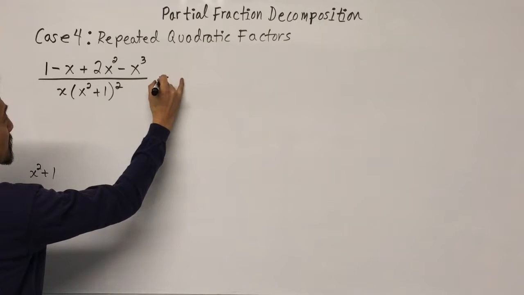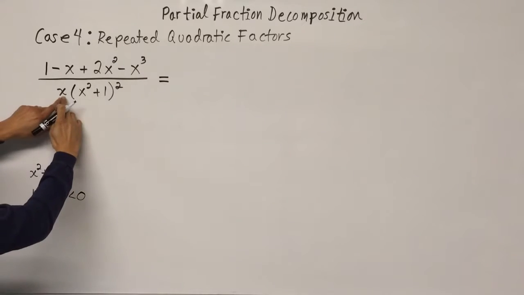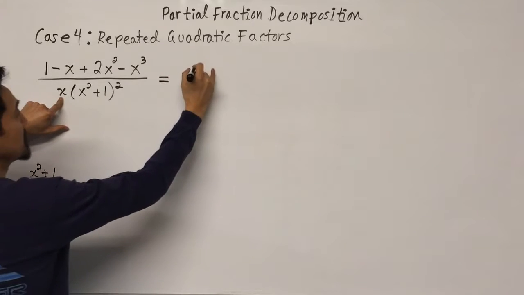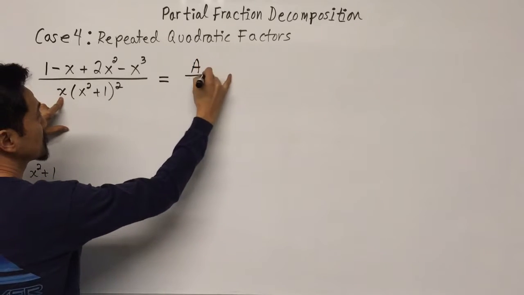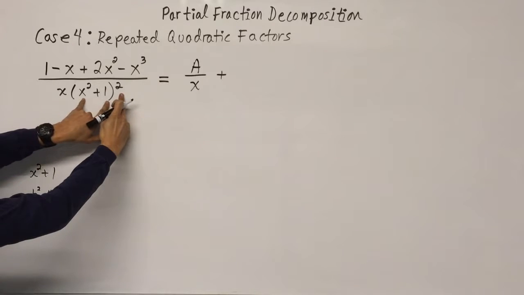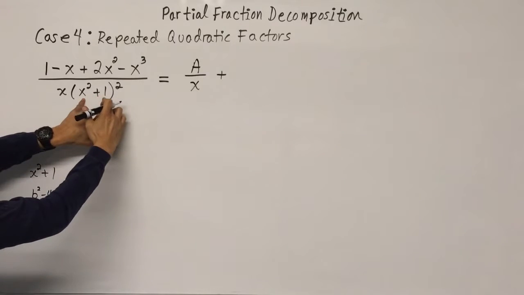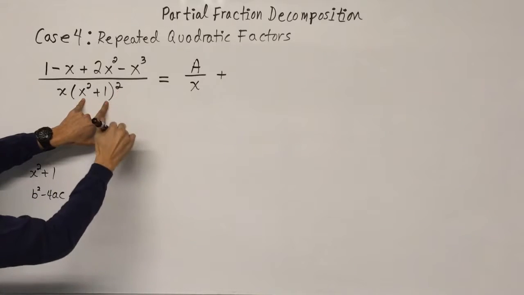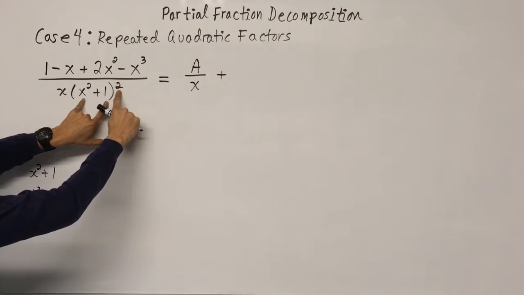Okay, now, our decomposition. This linear factor is going to produce one fraction, just A over x. Now, the x squared plus 1 to the second power is going to contribute two fractions. And remember that each of those fractions will have a first degree numerator.